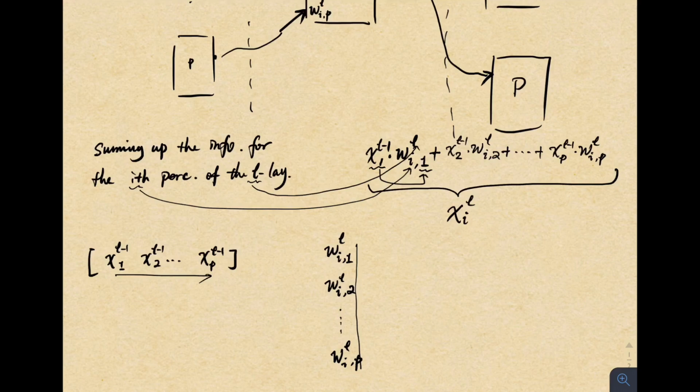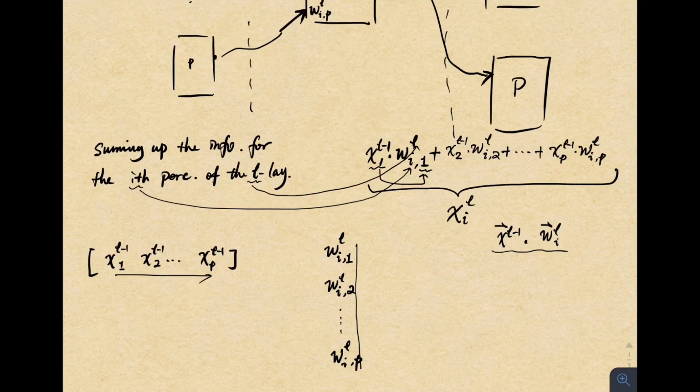Let's write it here. X of L-1, this vector, which is a row vector, remember, multiplied by this W_{L,i}, which is a column vector. This is to write here temporarily.